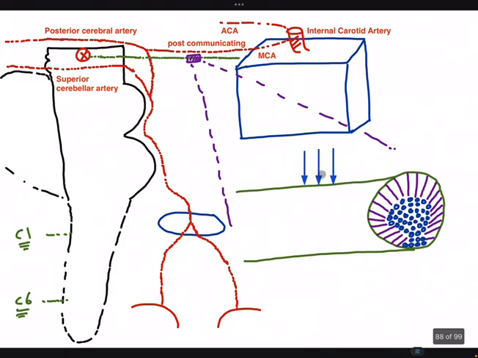Whenever there is a pressure on the oculomotor nerve from the top or the periphery, whenever there is an external compression, this external compression could result from arterial aneurysms, could result from uncal herniation resulting from increased intracranial pressure, could result from a mass, a tumor compressing on the oculomotor nerve.